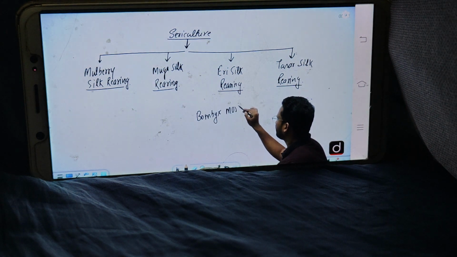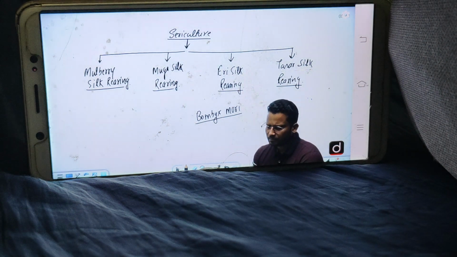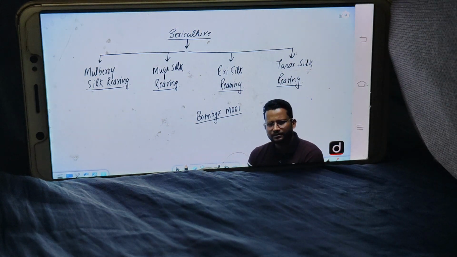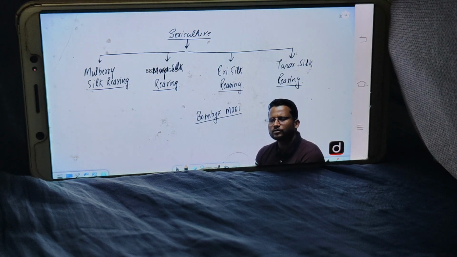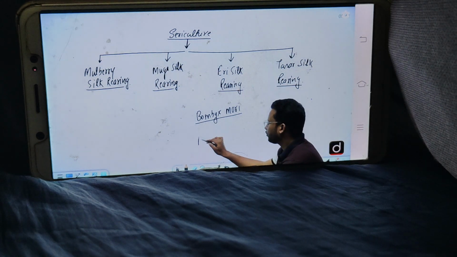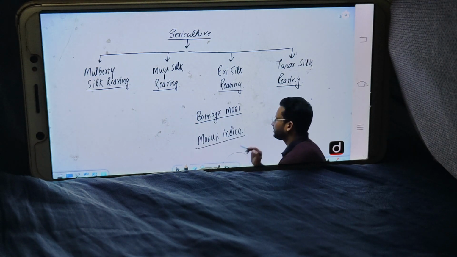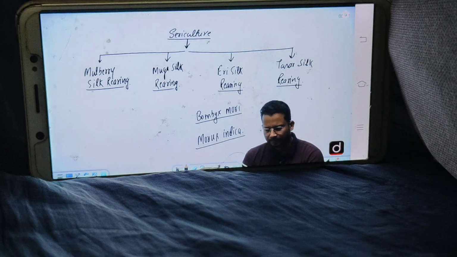So this is the silkworm which we use, and we rear these silkworms on the leaves of the mulberry tree. The botanical name of mulberry is Morus indica. Clear?